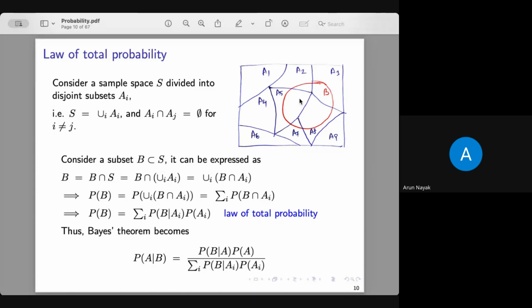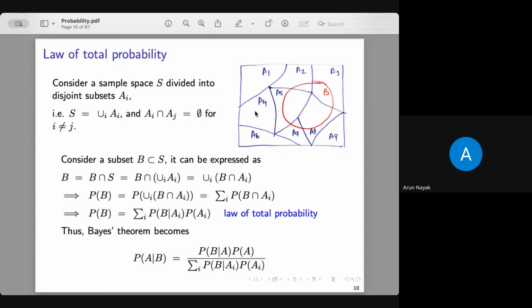Now let's go a bit deeper. Suppose we can divide the whole sample space into several disjoint subsets, A_i, as in this picture. Now we can write S as the union of the A_i, and there is no overlap between A_i and A_j.